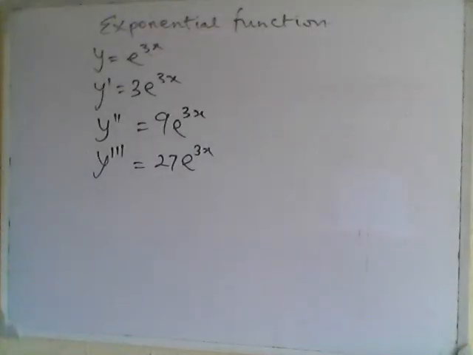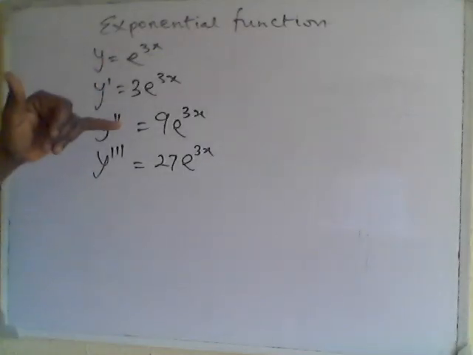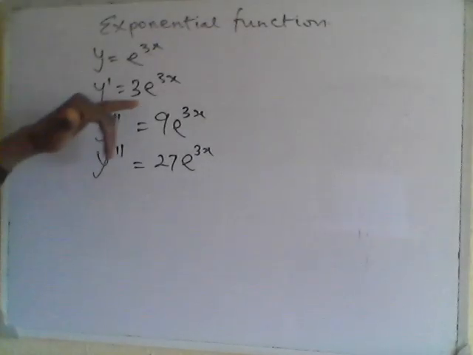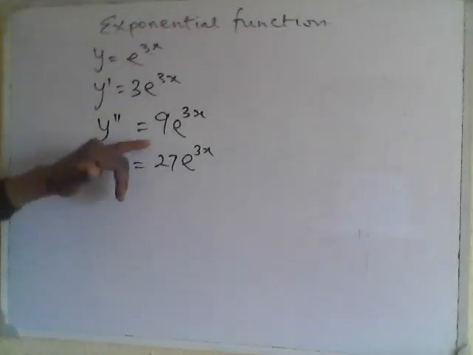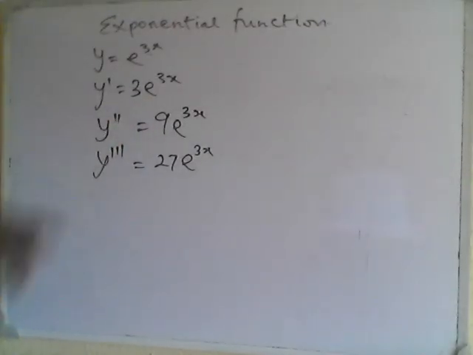So for the order of derivative, you differentiate the expression of the previous order. The first order is always the first differentiation. Second order is differentiating the expression for the first derivative. Third order is differentiating the expression for the second order derivative.